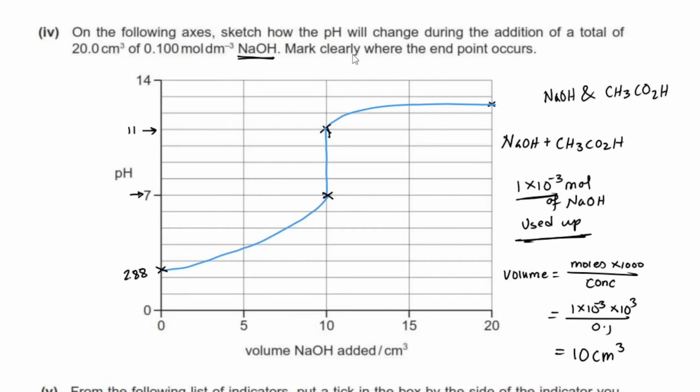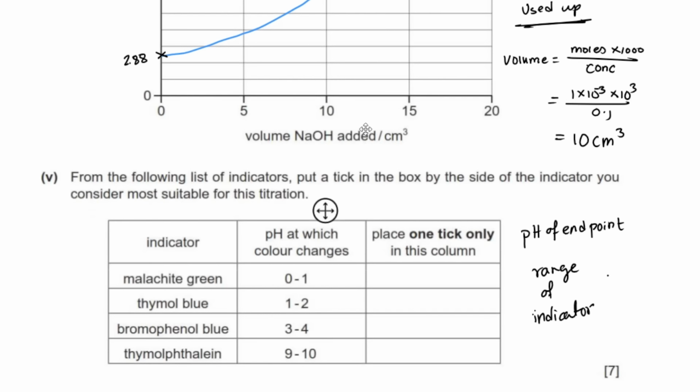So we can say endpoint was reached between 7 and 11, and only thymolphthalein contains the range where endpoint was reached. So we place a tick in the 4th box. So that is it for the 3rd question.